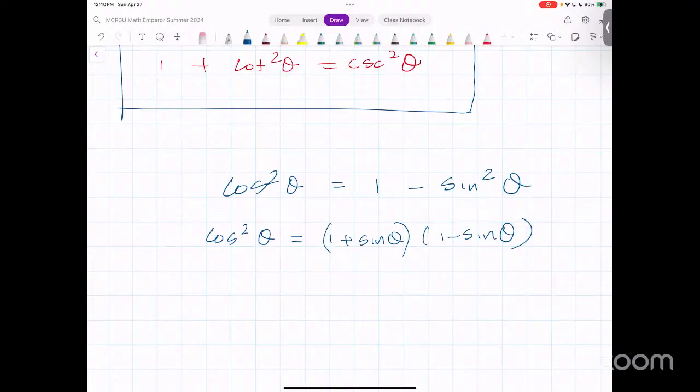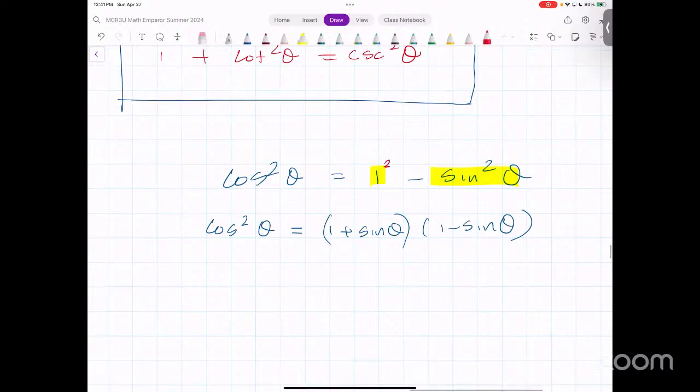What about you? It is true. Kaja, why? Difference of squares. 1 minus sine squared of theta, I can rewrite as 1 squared minus sine squared of theta, which is 1 plus sine theta times 1 minus sine theta. Are you following that? So we should be able to rearrange this, right?